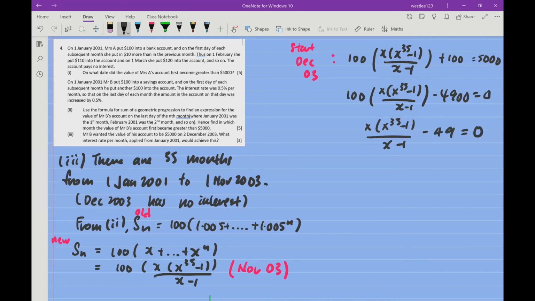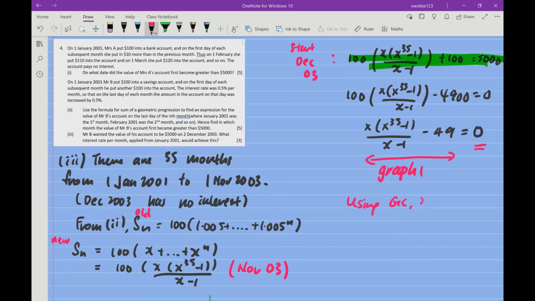My answer is no. But the more you simplify, the less you press into the GC. If you do not like to simplify, you can press the first equation into the GC as well. So you can draw this as your graph one, and then go and find the x-intercept using GC.